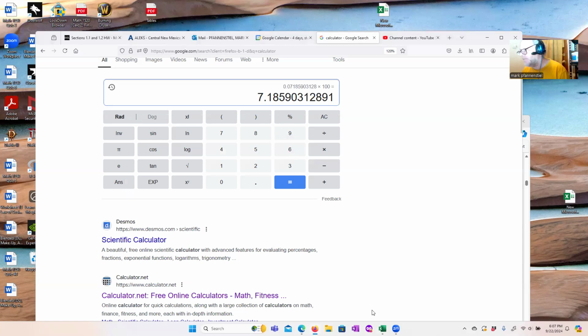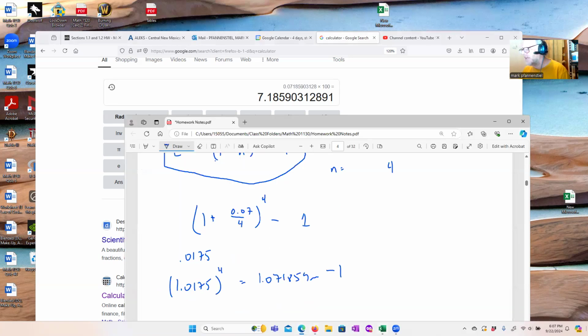So 7.19, and hope that the system will say okay. So this was 7.19%. That's the effective interest rate here. Let's go back to the answer box as soon as I can see the mouse.